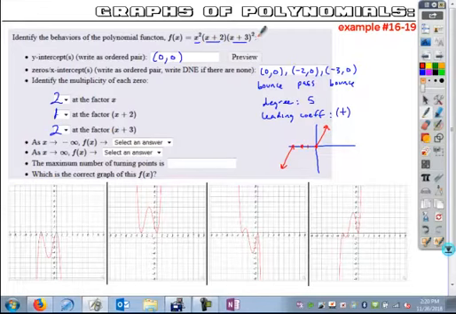Okay, and so when we look at what we have, there's going to be a bounce at the 0. So it's going to curve up here. There's going to be a bounce at the negative 3, so it's going to curve down here. So you're going to have the parabola shapes there.